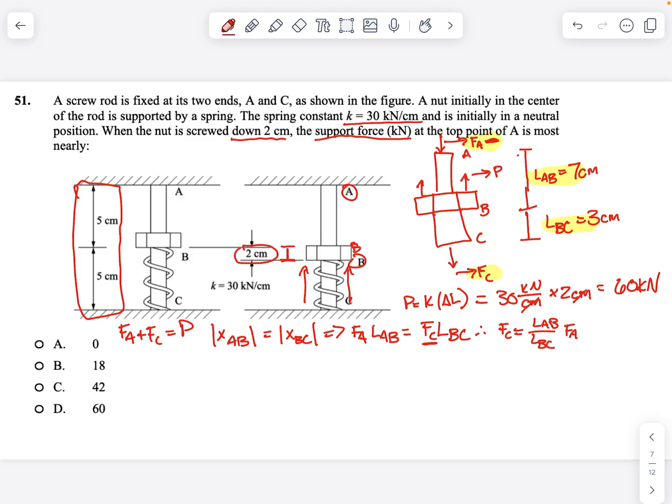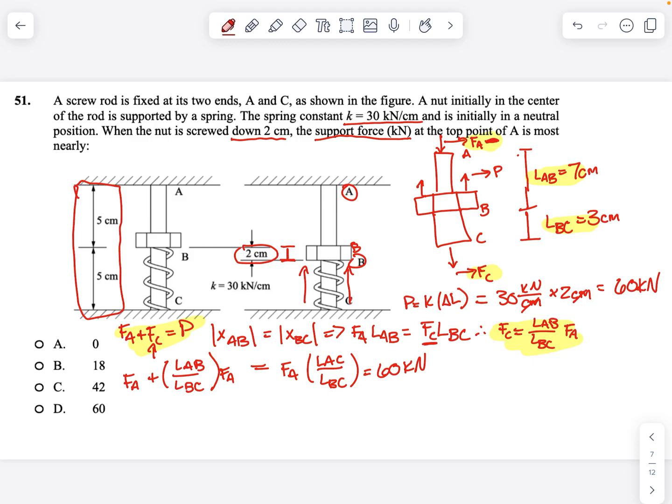Now that we have FC, we have two equations and two unknowns, right here and right here. We know P, we know our lengths, so we have FA and FC. We could start with this equation right here. We know that FC is equal to LAB over LBC times FA, so we're just going to plug that in for FC: FA plus LAB over LBC times FA, and that'll equal out to FA times LAC over LBC equals 60 kilonewtons.